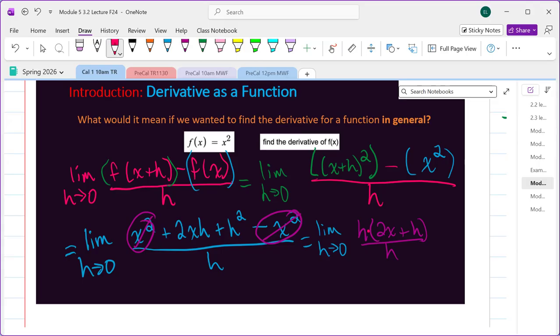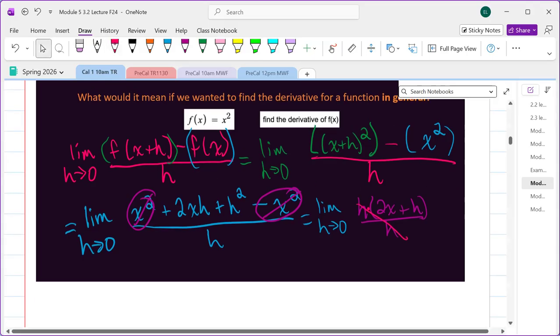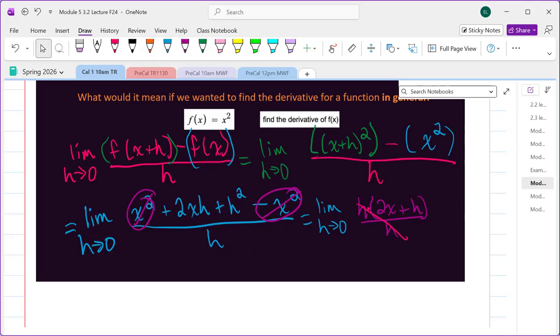But just make sure when you factor out that h, that what you wrote inside is the result you would get from pulling it out. So you can remultiply. H times 2x would get you back to 2xh. H times h would get you back to h squared. So they are an equivalent statement. So now I can plug in the limit as h goes to 0. Now I can substitute in the 0.